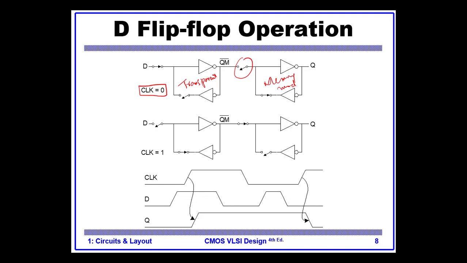When we change this, this is now in memory mode and this is now transparent. You see the loop is broken here, and here the loop is established.